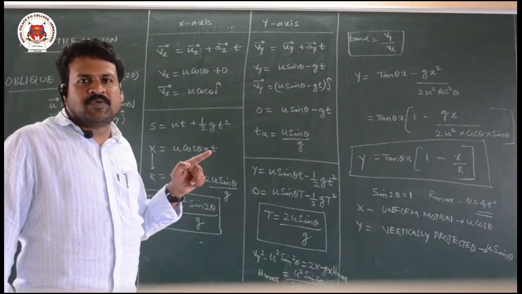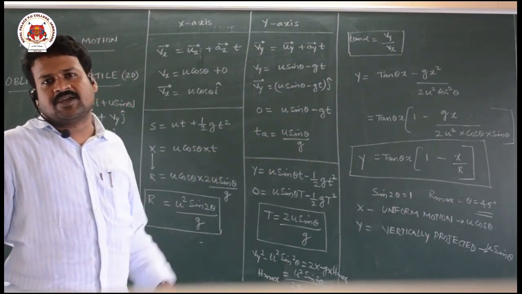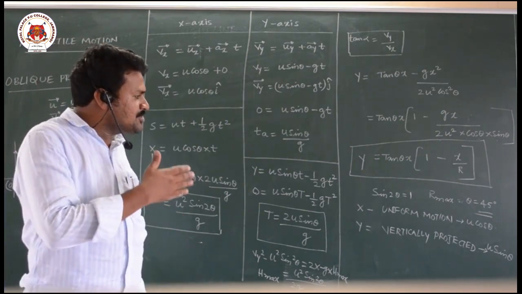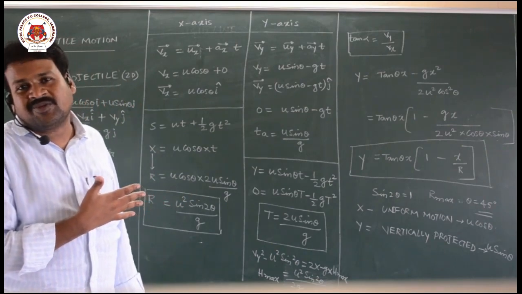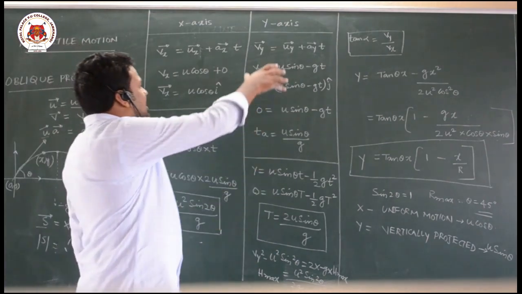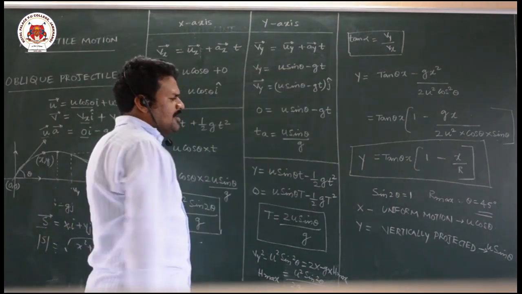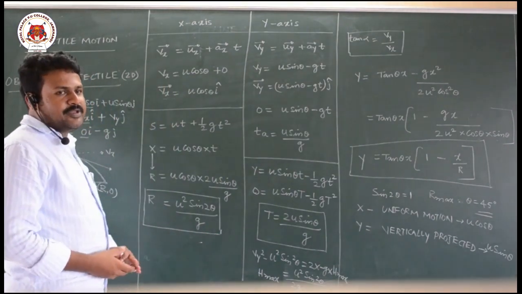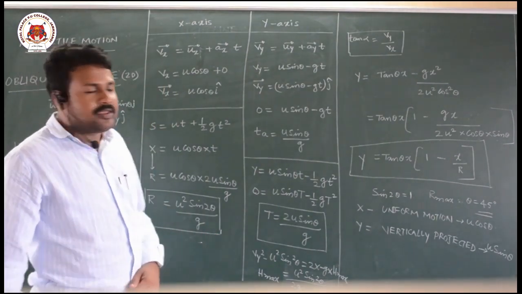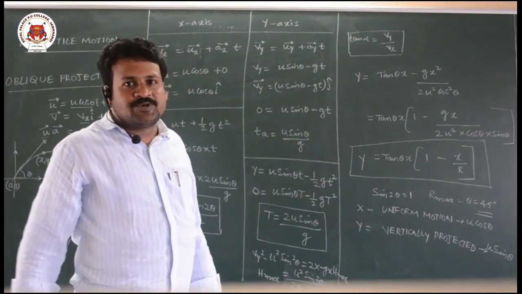It moves with a uniform velocity of u cos theta along the x axis, and it acts like a vertically projected body along the y axis. Okay, and this is about projectile motion.